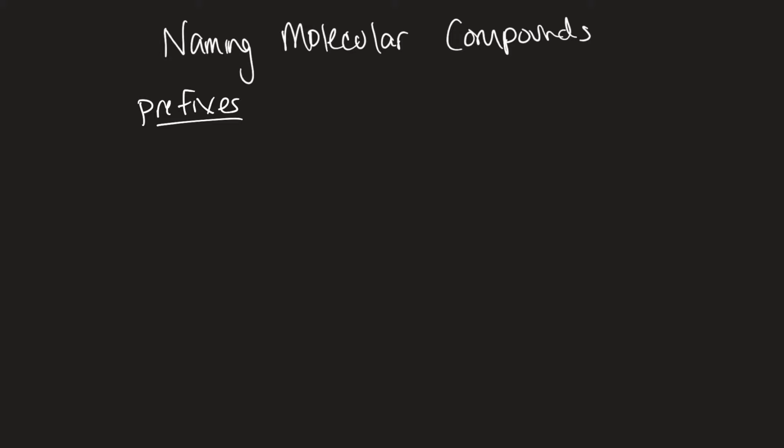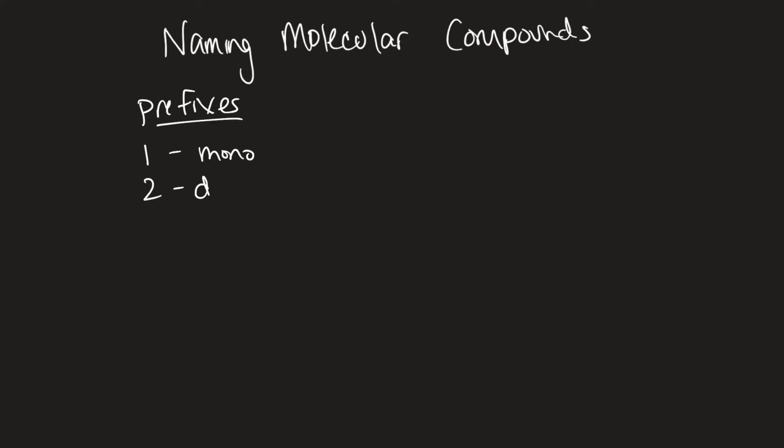So what I mean by prefixes, we use prefixes with covalent compounds that tell us how many of each of the atoms are within the compound. If we have one, we use mono.